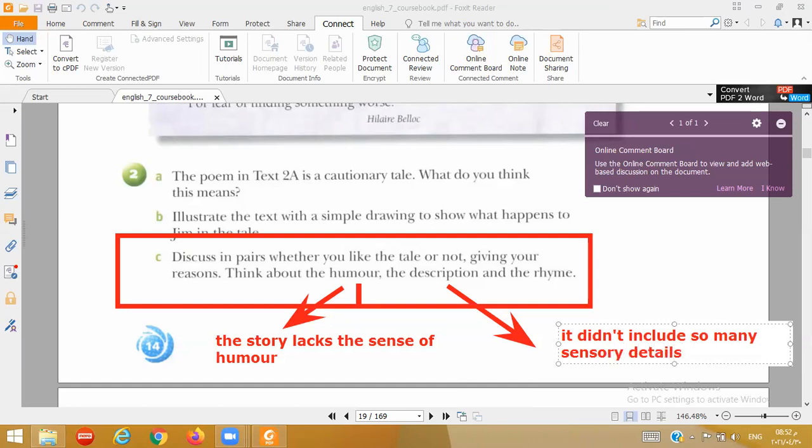Okay, what about the rhyme? Nurai, what about the rhyme scheme? Yeah, the rhyme.